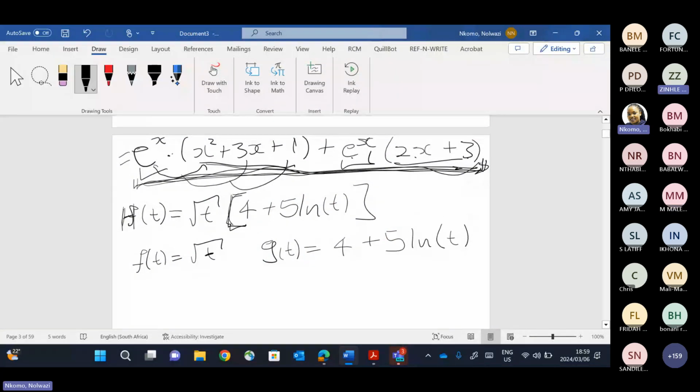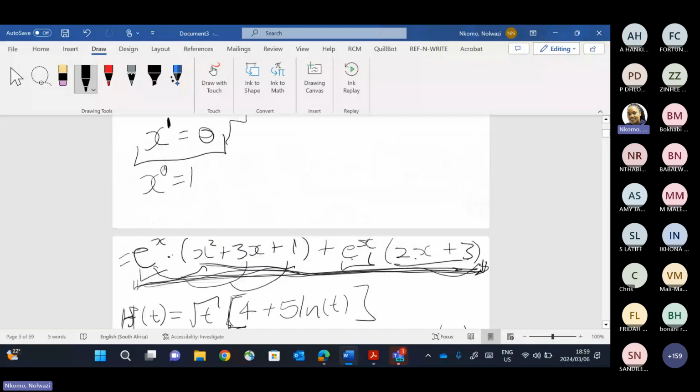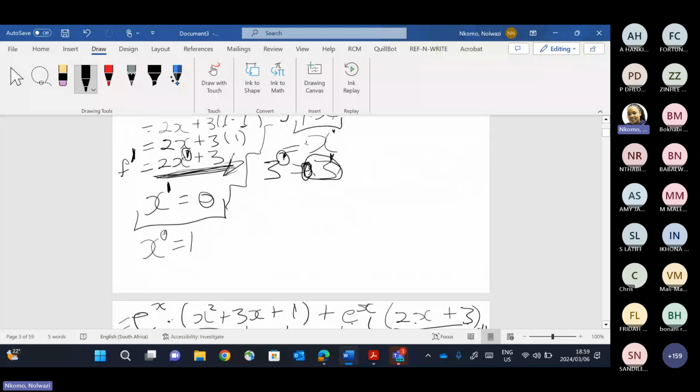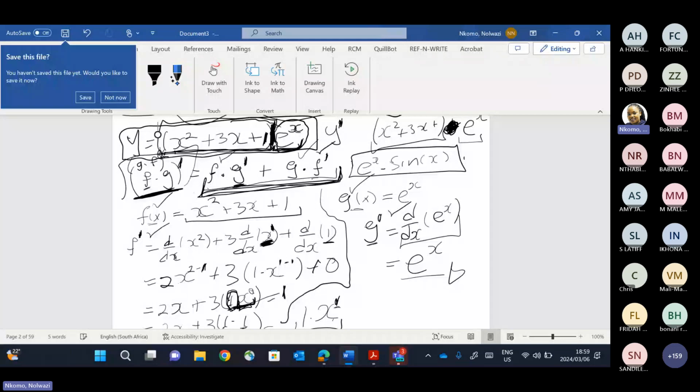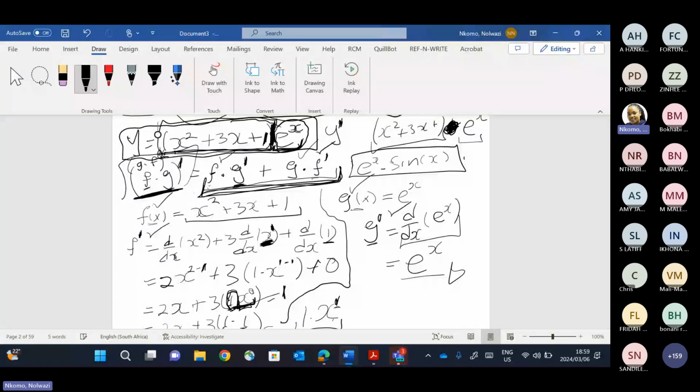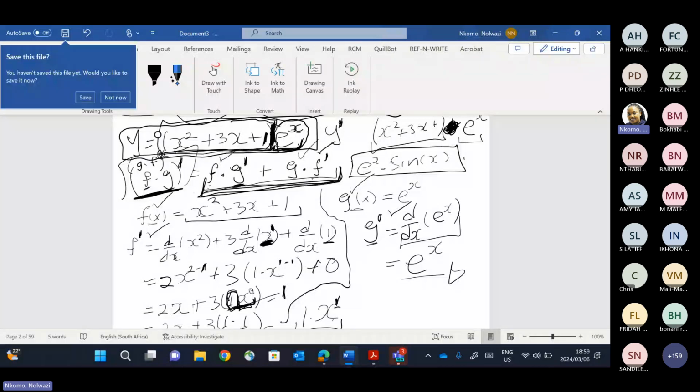For the product rule, it doesn't matter which function you decide to keep first and differentiate. Here we keep this first and differentiate this, so we have f times f prime, plus we keep this and differentiate this, right?